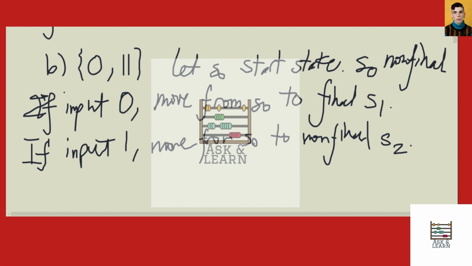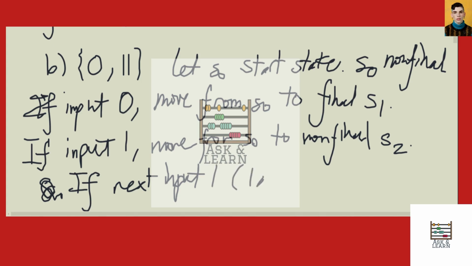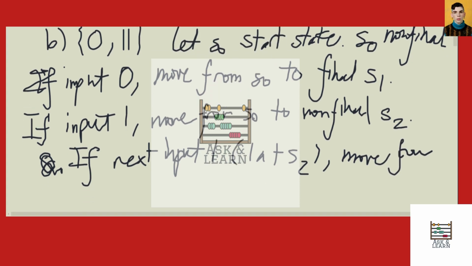Now, suppose that the next input is a 1. In other words, we have a 1 at S2, and we'll move from S2 to a final state, which we can just use the same final state from before, S1, because 1, 1 should be accepted.